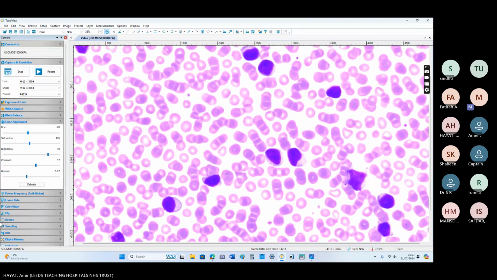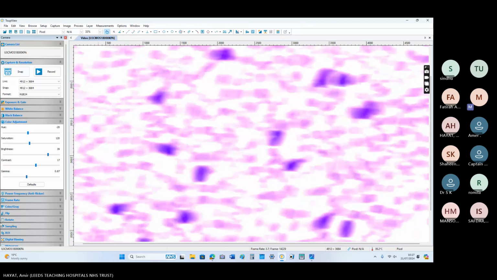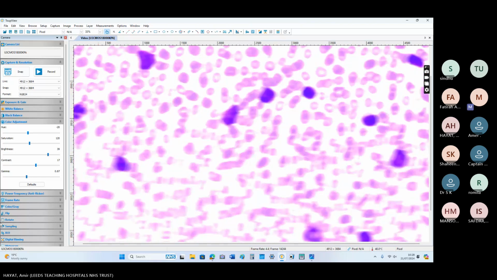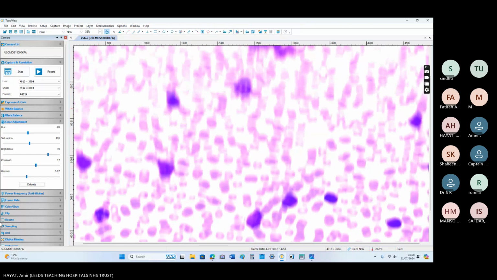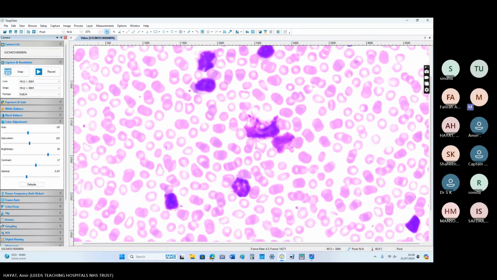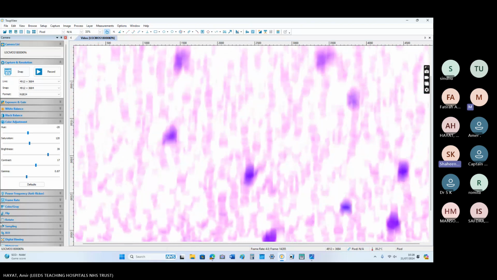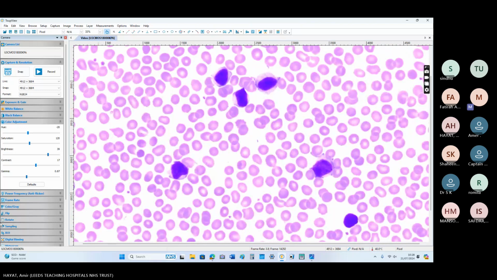There seems to be a mild anemia, and the platelet count seems to be a bit on the lower side. The findings are consistent with lymphoproliferative disorder and I would advise admission and bone marrow biopsy, bone marrow aspirate and trephine biopsy, followed by flow cytometry on peripheral blood for confirmation of diagnosis.